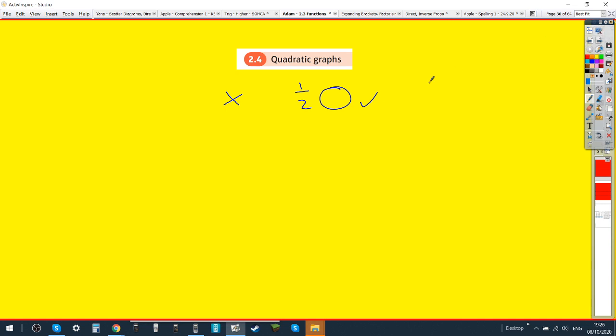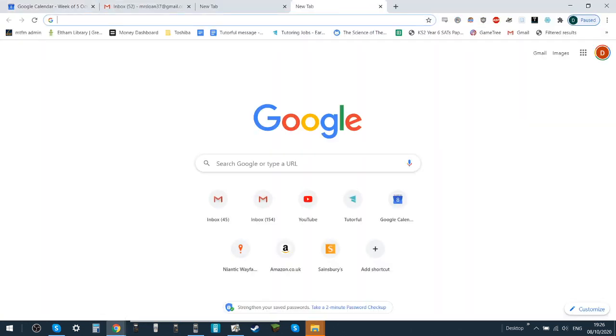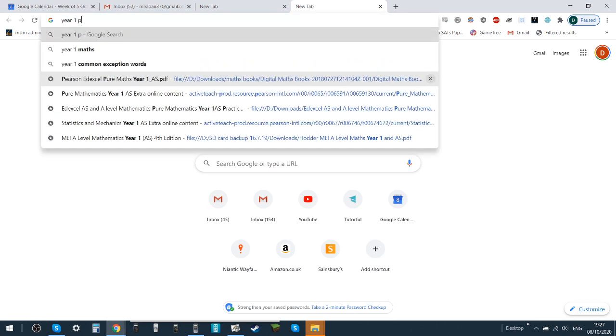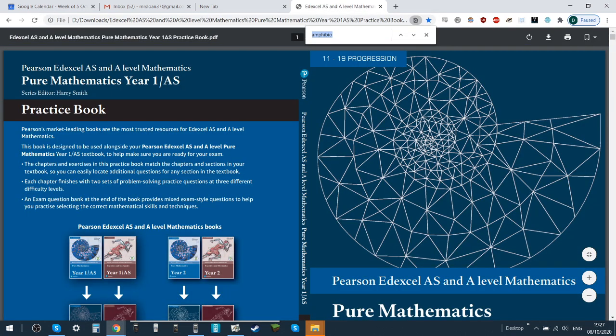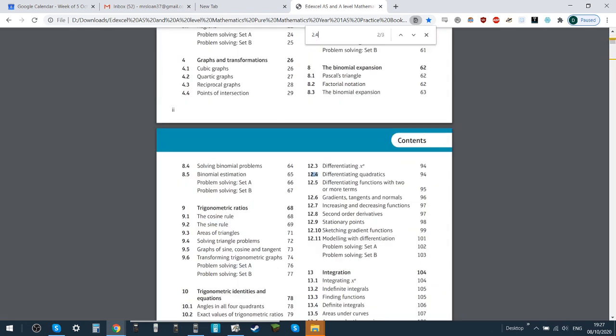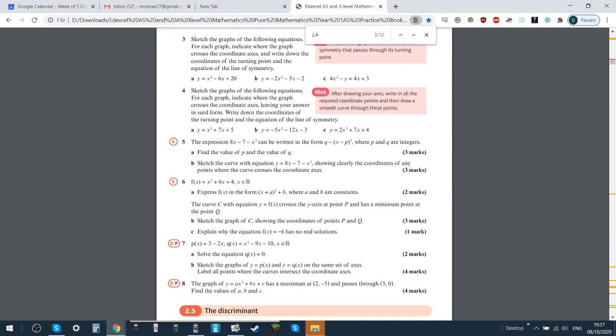Okay, and let me just make sure of something. My fault, it always occurs to me afterwards. Year 1 practice book. This was 12.4 quadratic graphs.